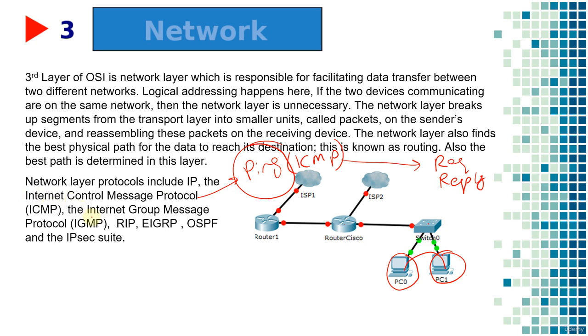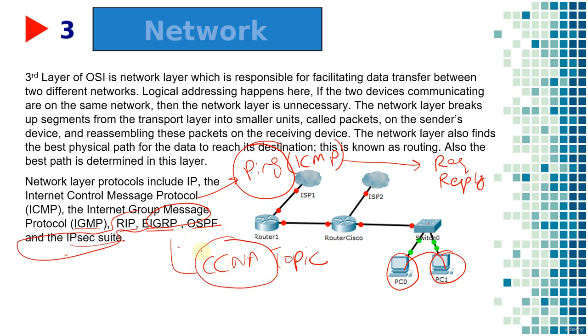Then we have protocols like IGMP, RIP, EIGRP, OSPF, and the IPsec suite. All of these sections we have covered in the CCNA topic. And my recommendation to you after you finish this program, these basics, is that CCNA is going to be your destination. And seriously, JSS has covered these topics in a lot of detail.